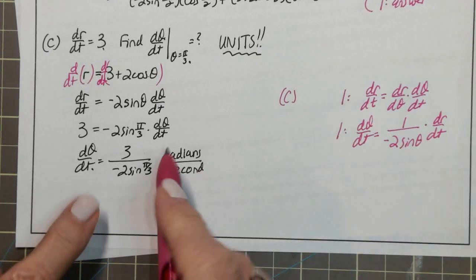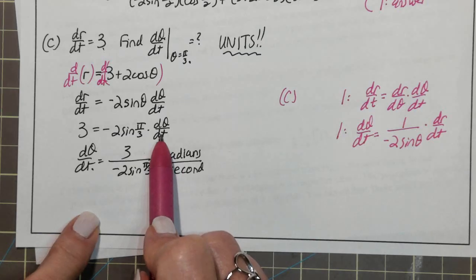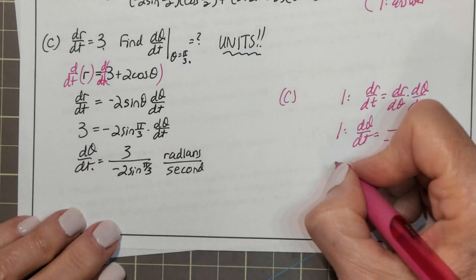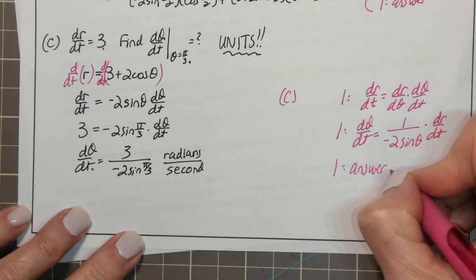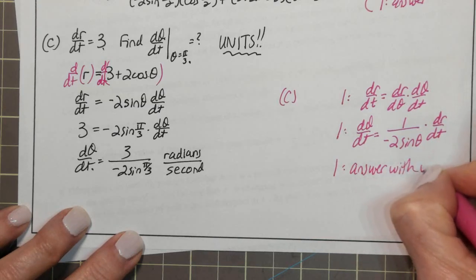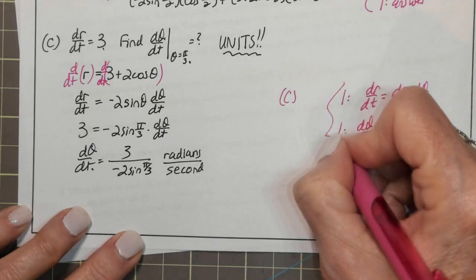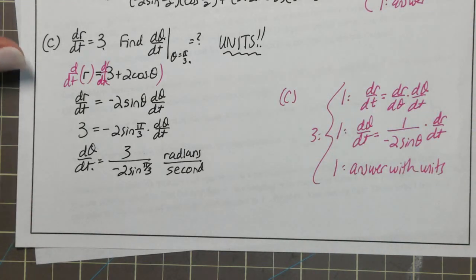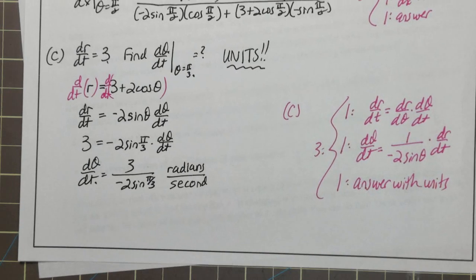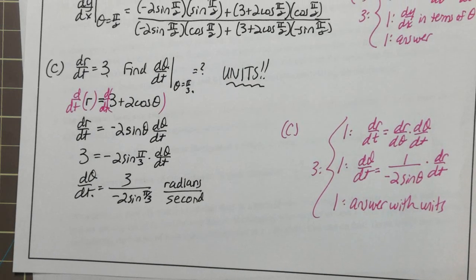So in other words, get d theta dt by itself, and then 1 point for the answer with units. Okay. So those are some of the things that they could ask you in a polar FRQ.